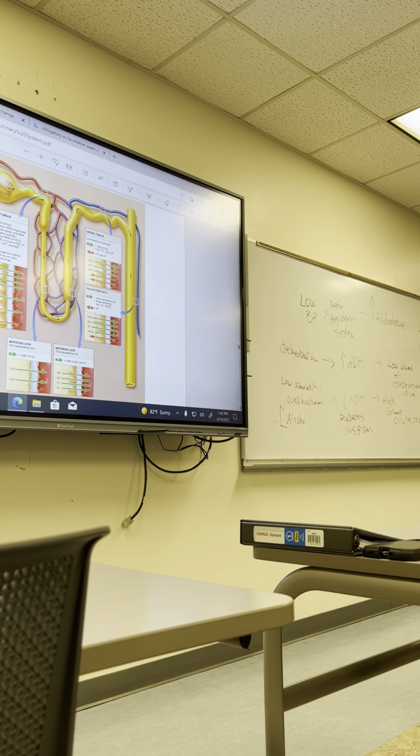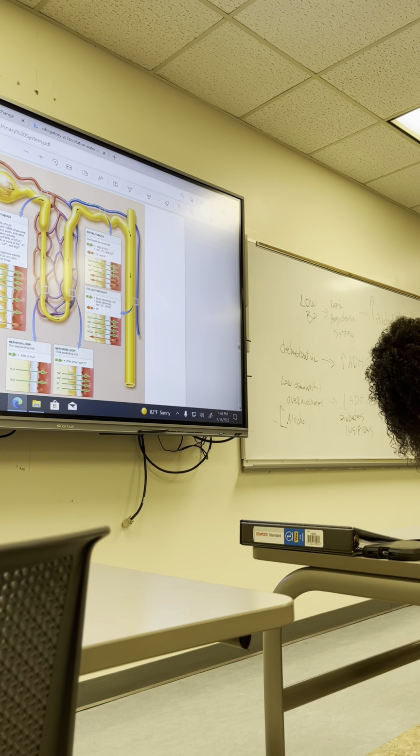Now, this condition, diabetes insipidus, is not nearly as bad as diabetes mellitus. It doesn't have any of the other kinds of complications. In fact, a lot of people that have low-grade levels of diabetes insipidus never even have that diagnosed. They just find themselves peeing more than other people, drinking more than other people.